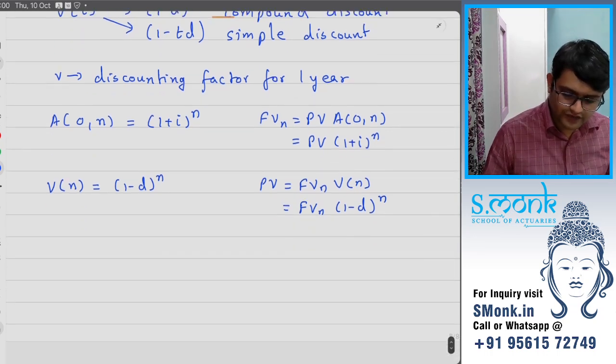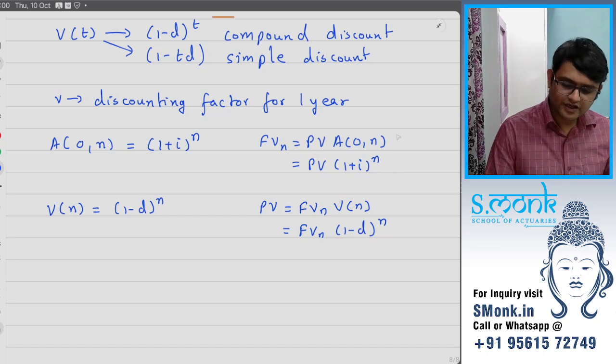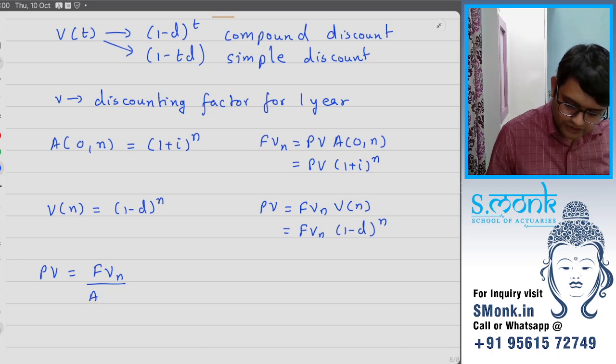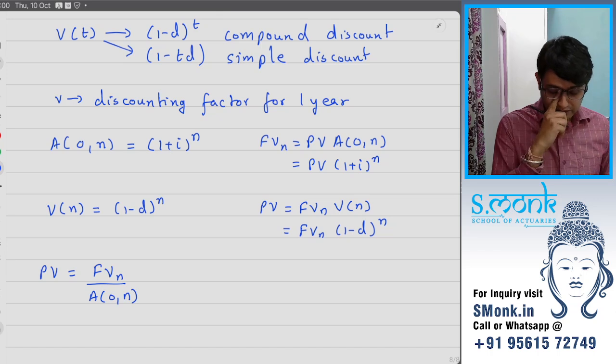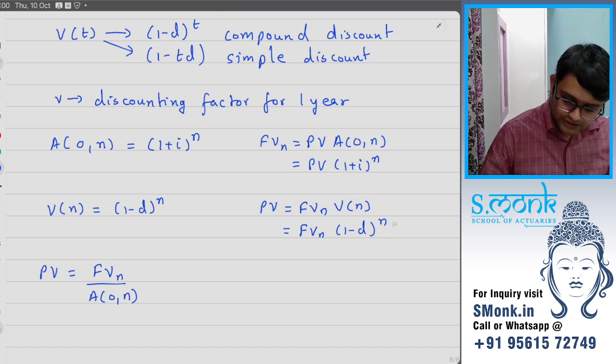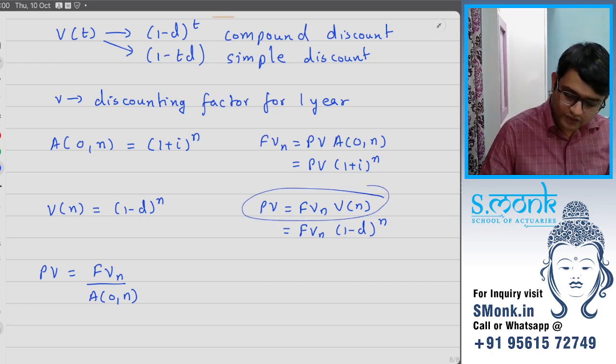Now I can always use accumulation factor to calculate the present value also. I can say that present value will be future value at time n upon accumulation factor 0 to n. I can always use that. Or I can use this discounting factor to calculate future value also.